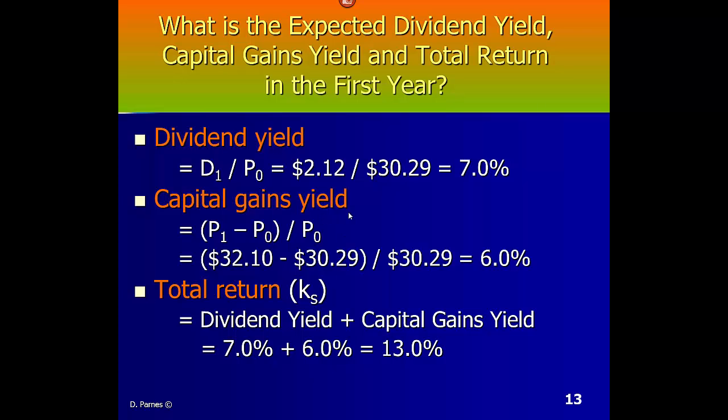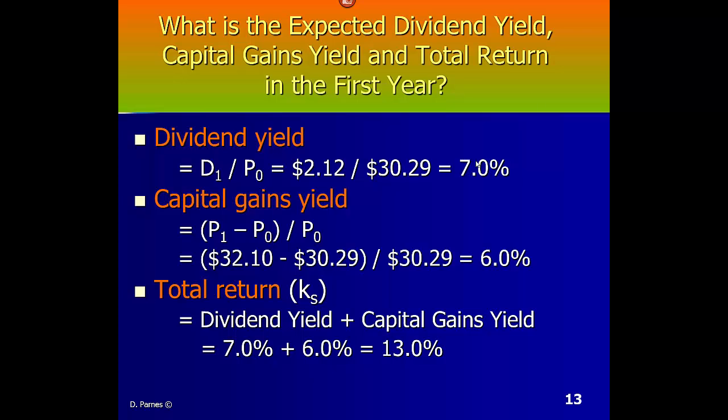Your capital gains yield is equal to G. This is the growth rate for the entire company, for the earnings, for the dividends, and also for a single stock, which means stock price appreciation. This is G. And dividend yield is the complement to G, which means this 7% is in fact KS minus G. Whatever you don't get here, because you require that as KS, you will get it here from the dividends.